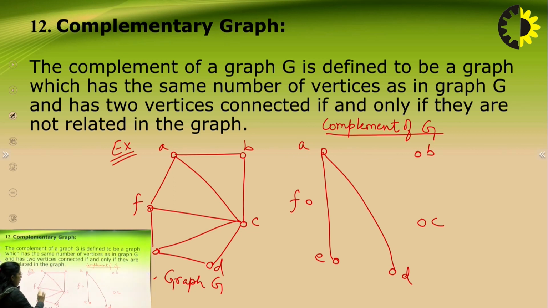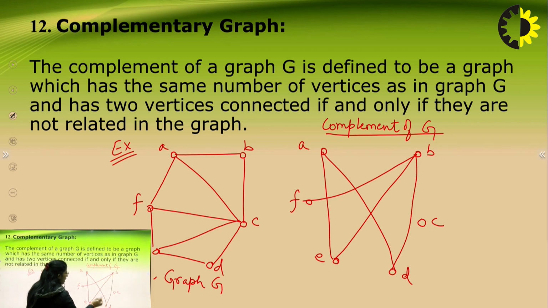For B, F is not connected directly and E is also not connected, so no edges there for E and for D. Again for C, B and A, F, E, D all are connected, so no need to draw an edge over there. For D, C is connected, E is connected.